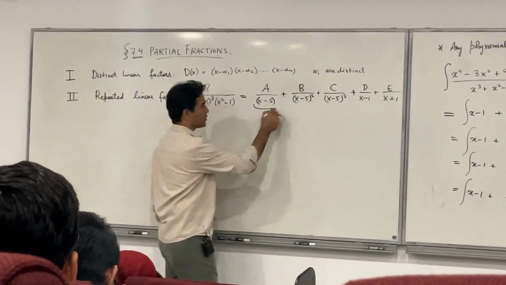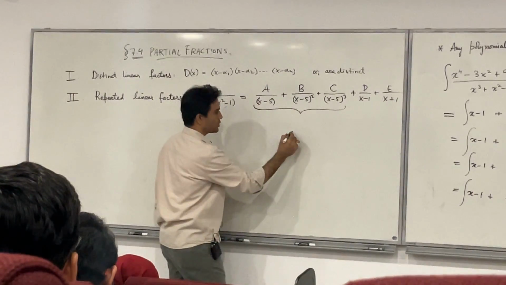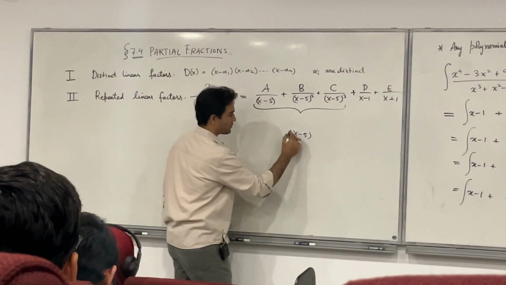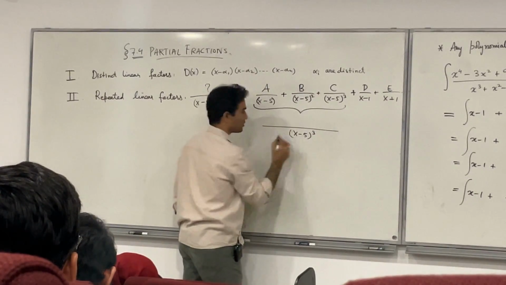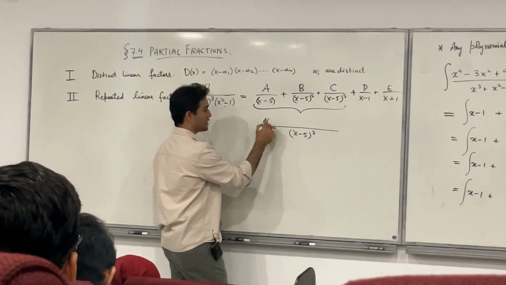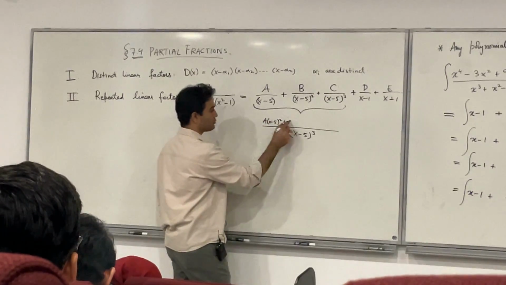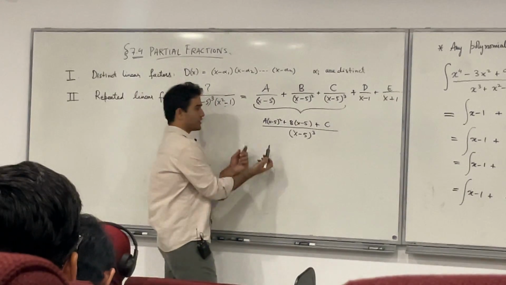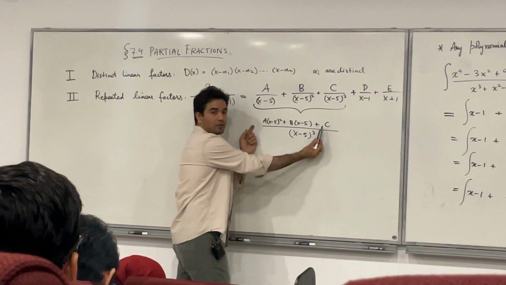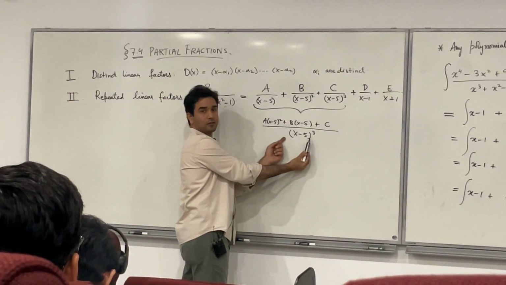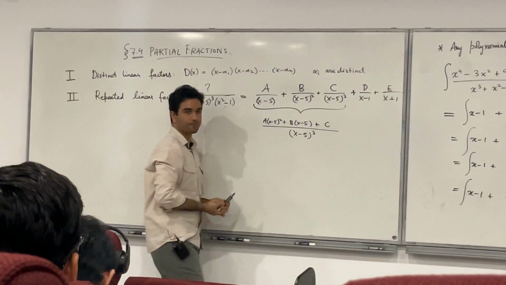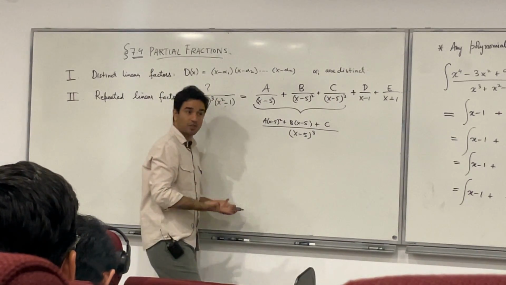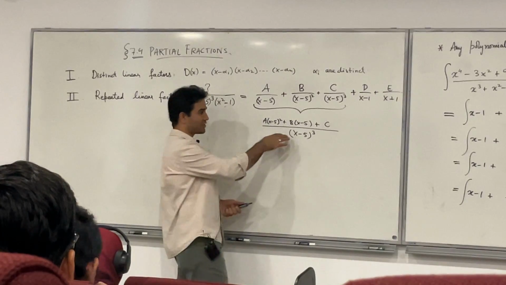But if you think about it, what we are doing here is we are saying this is x minus 5 cubed, and then on top is a times x minus 5 squared plus b times x minus 5 plus c. In other words, we are taking a general quadratic over this cubic, which is what it should be. All we know is that it's 1 degree less.